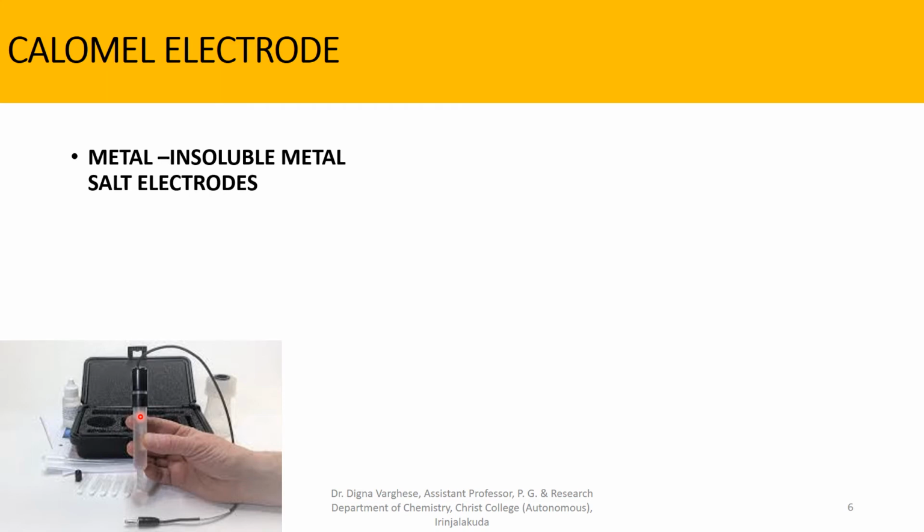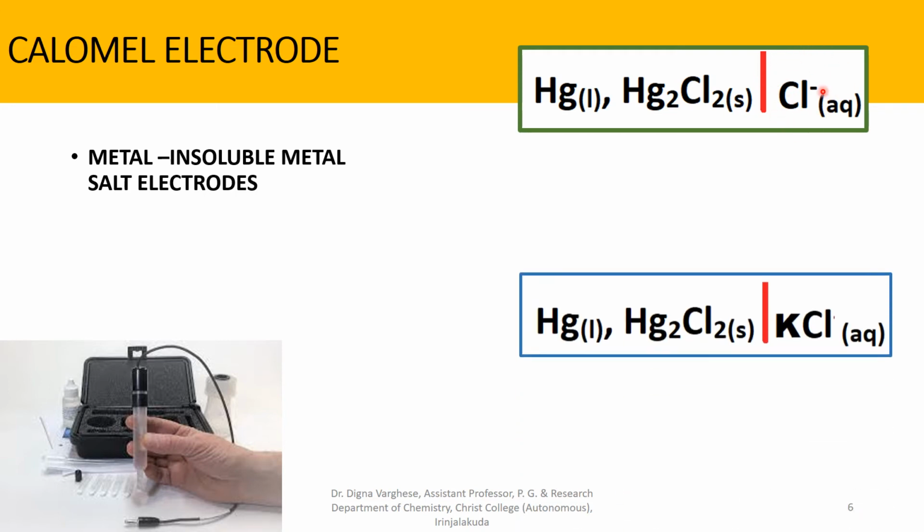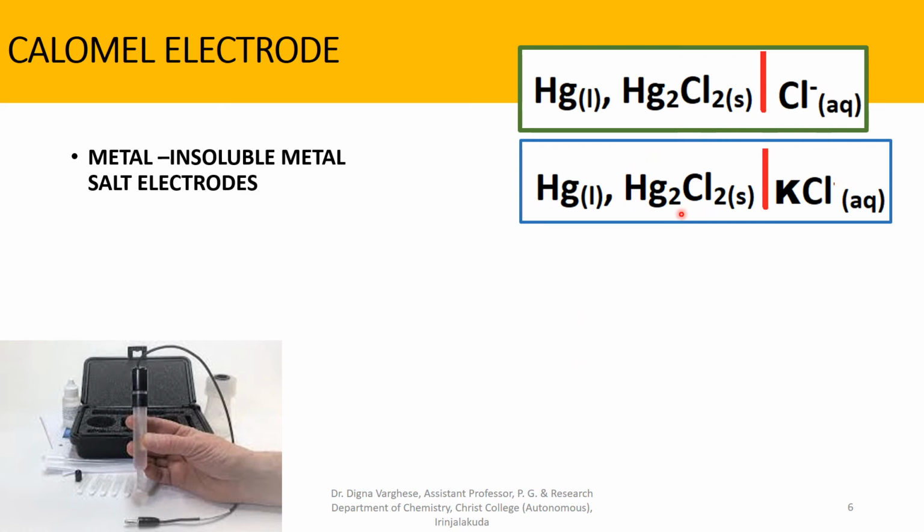The cell representation is like this: mercury in contact with mercurous chloride, that is calomel solid, and aqueous chloride solution. In another way, mercury liquid in contact with mercurous chloride, that is calomel in solid, and potassium chloride solution, aqueous solution.